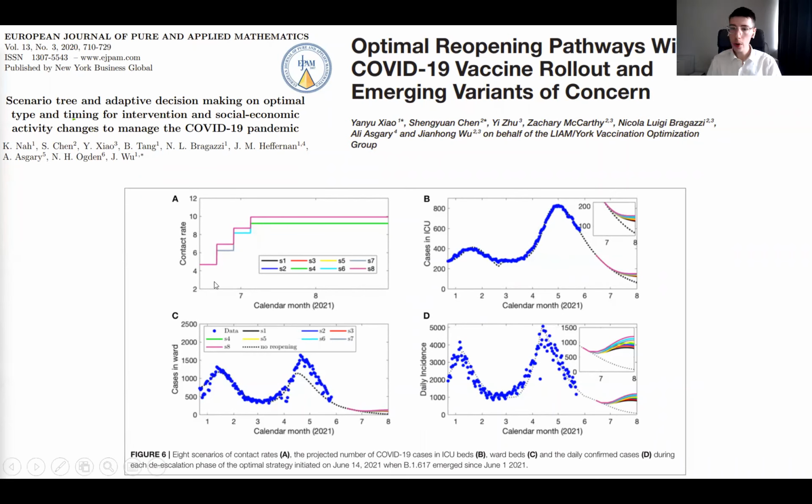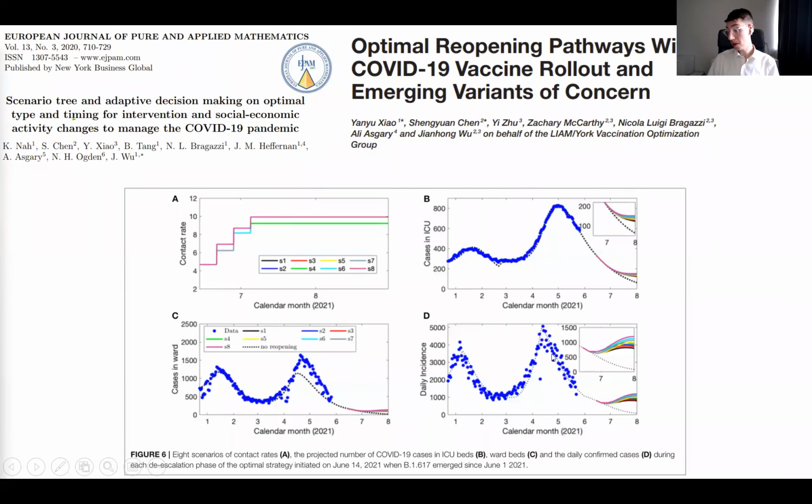And just to show on this figure here, panel A is the time evolution of the activity levels that were identified by the stochastic optimization, from stringent measures, contact rate slightly above 4, to nearly pre-pandemic levels, about 10.